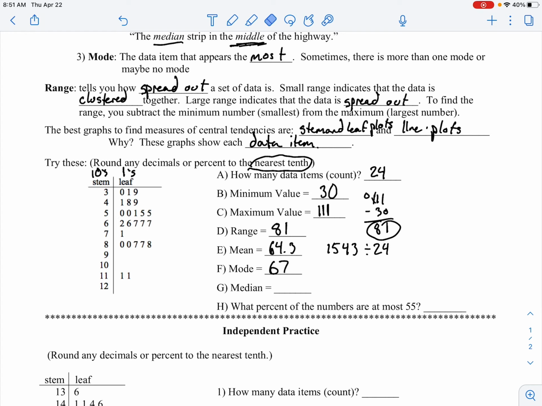And then finally, when we are set up in a stem and leaf plot, we can find the median by working our way backwards. So I'm going to delete the smallest and the biggest, then the next smallest and the next biggest. I'm just going to keep working my way down like that. When I get rid of one side, I got to get rid of the other. Continuing to work my way down.